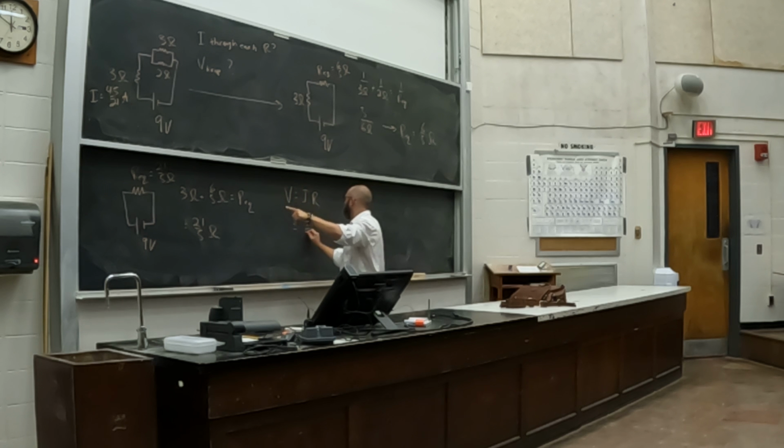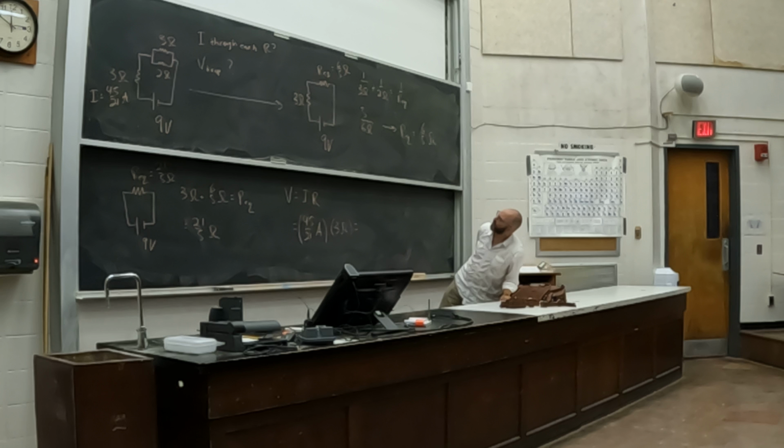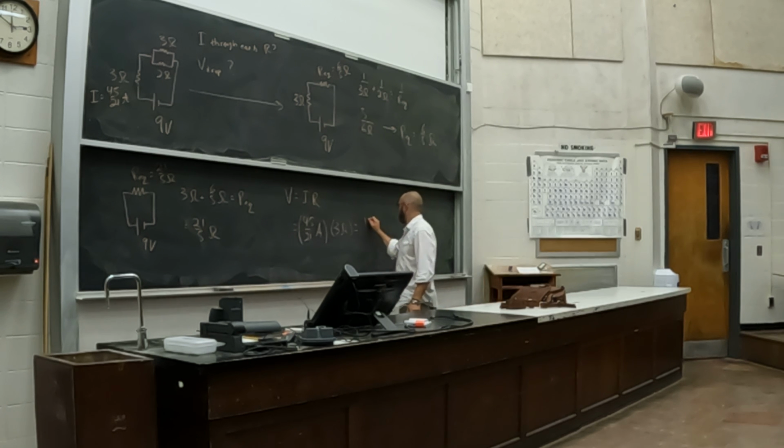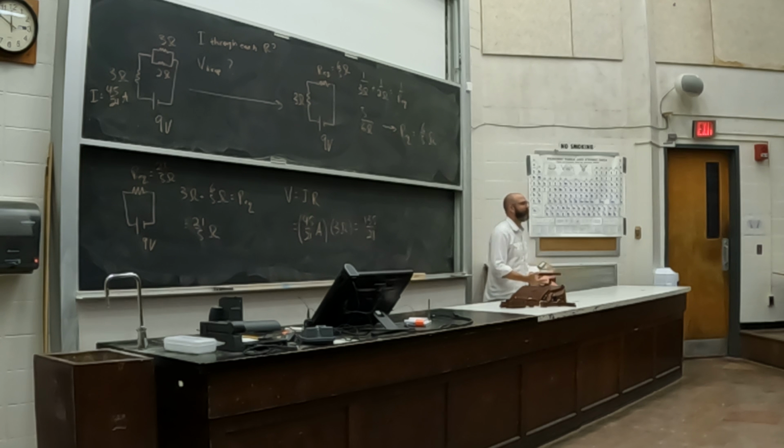Current is 45 over 21 amps. The resistance is 3 ohms. This is getting unwieldy. What's that going to be? 135 over 21. If I were doing this on paper with a calculator in front of me, I absolutely would be using decimal values here. I don't mind if you do. I also don't mind if you use fractions. I don't have a calculator with me except on my phone, so I'm just going to do the fractions.